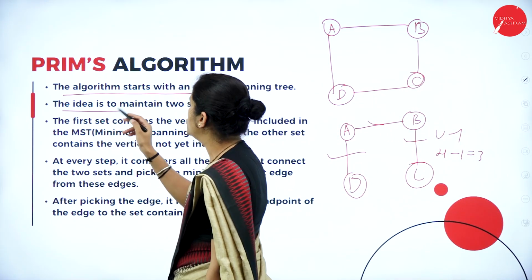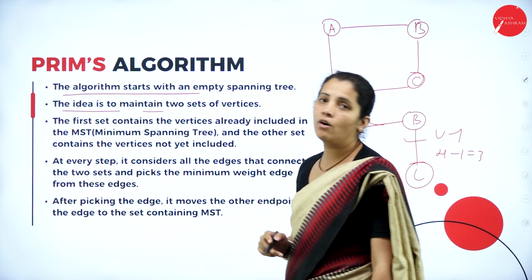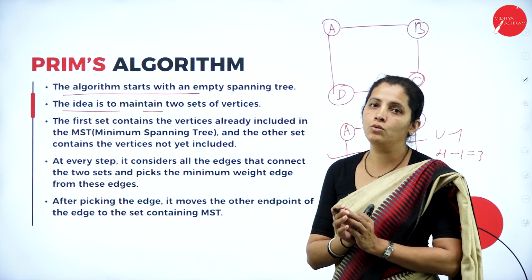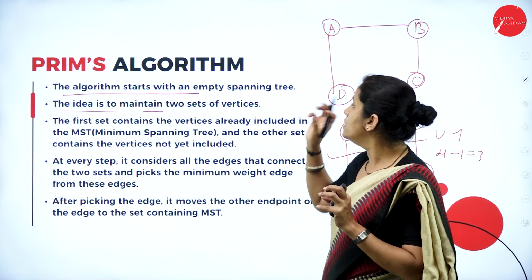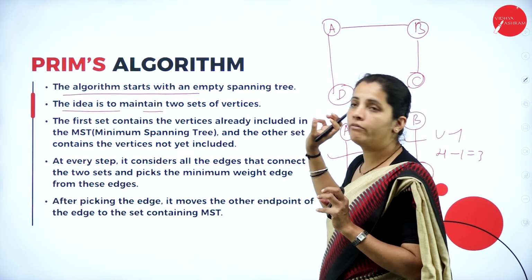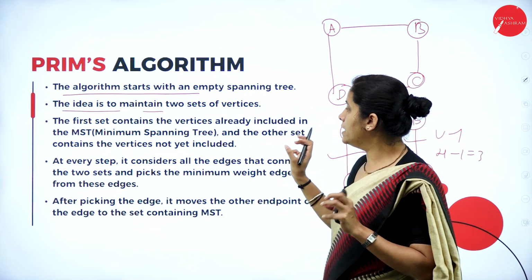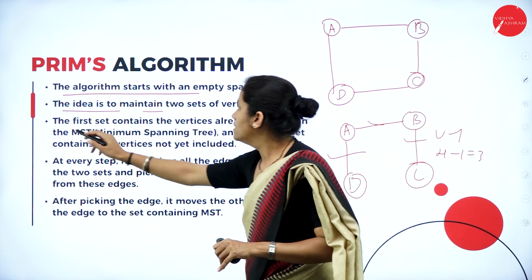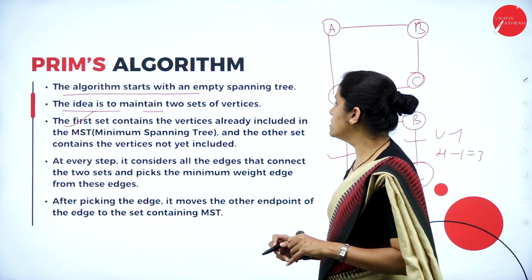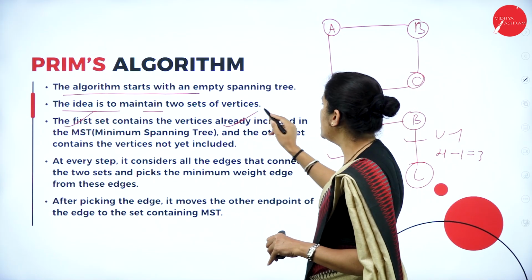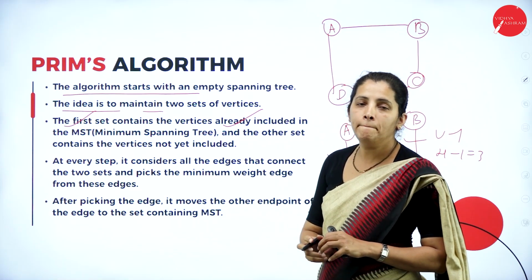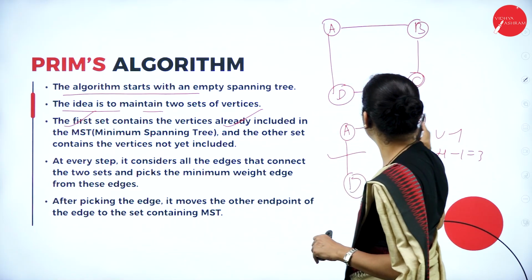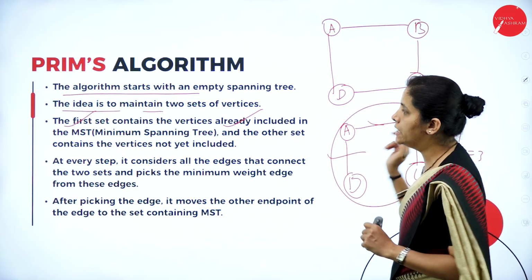Now I need to maintain 2 sets of vertices. The first set contains vertices already included in the minimum spanning tree. So this is my minimum spanning tree.